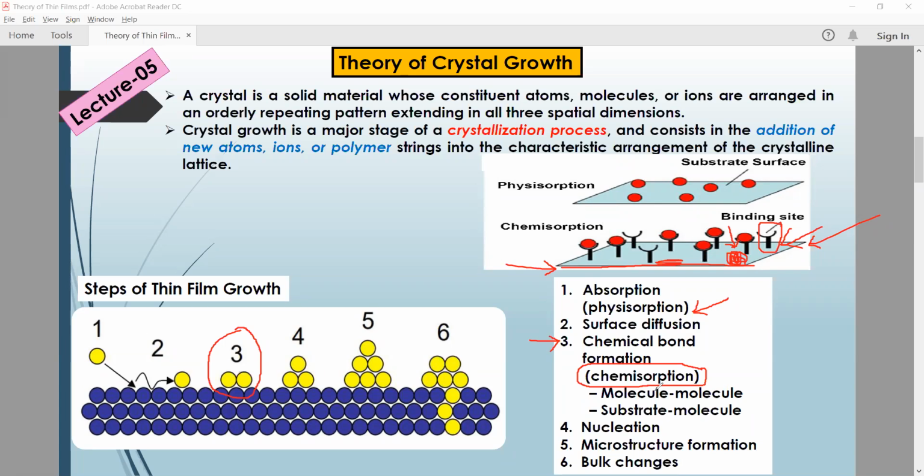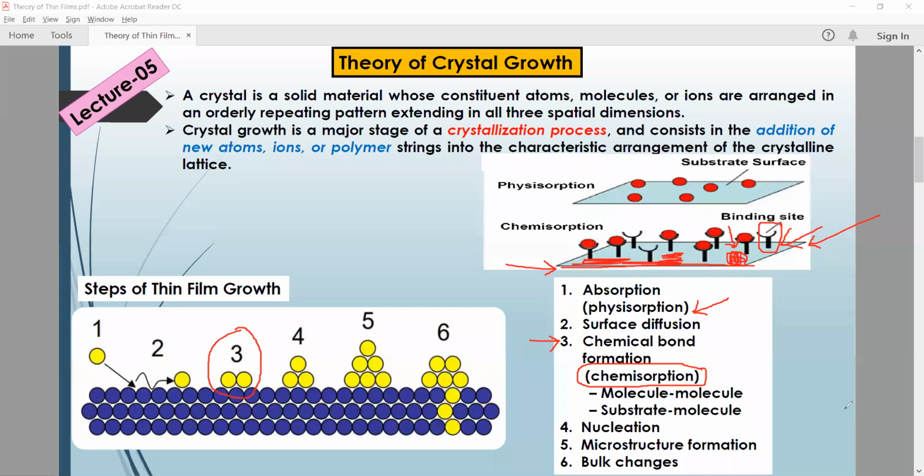Mono means single layer. During that chemical bond formation time, it may be possible that monolayer adsorption happens at the active surface site. So which one is the active surface site? This total site is the active site. Here monolayer adsorption might be possible at the active surface site.